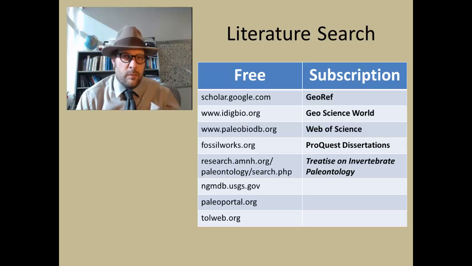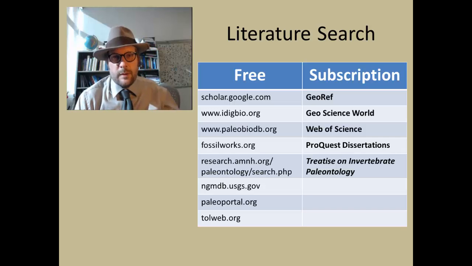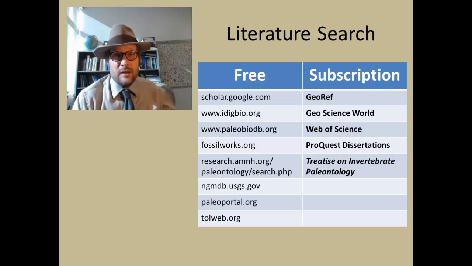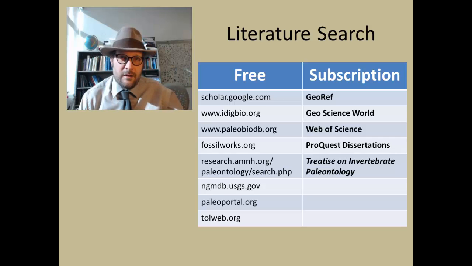Oftentimes in geology libraries, the Treatise sits in the corner of the library, a big, huge stack of encyclopedias, and you can pull things down. They're excellent if you're trying to identify invertebrate fossils, especially marine ones, things like bryozoans, bivalves, cephalopods, various groups of fossil invertebrates.